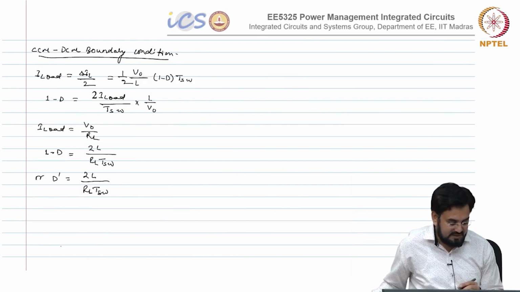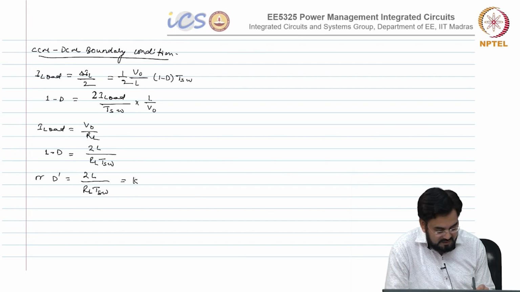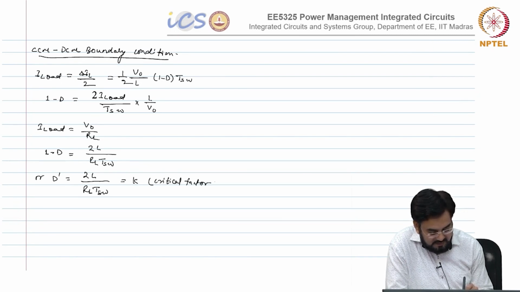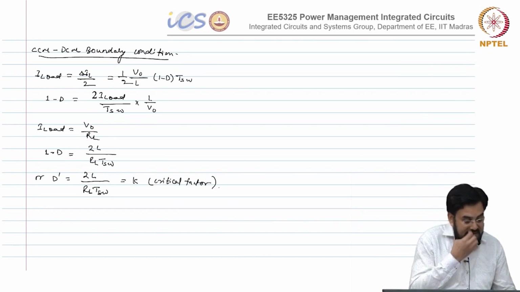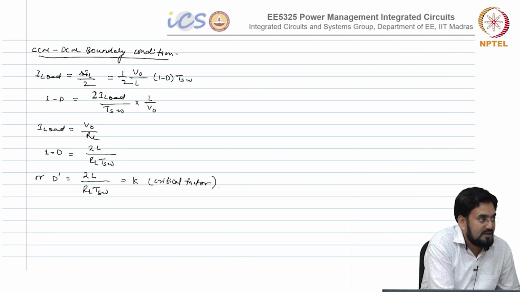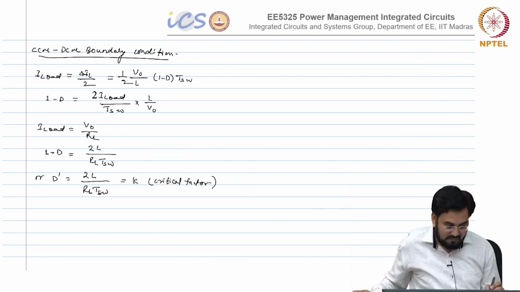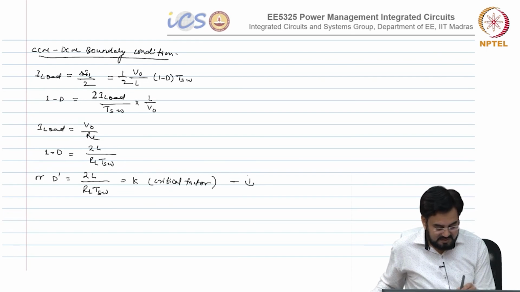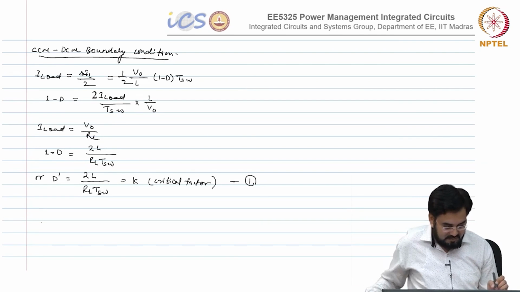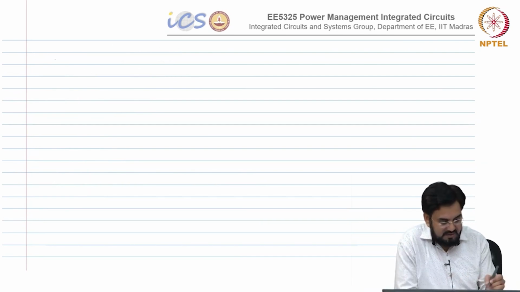So, this is your boundary condition, and we will call it K, which is critical factor, let us say, and this is fixed based on your inductor, your switching frequency and your load current. So, we will use this equation later. Let us mark it number 1, and now come here.